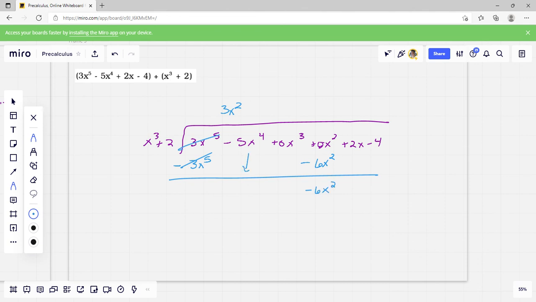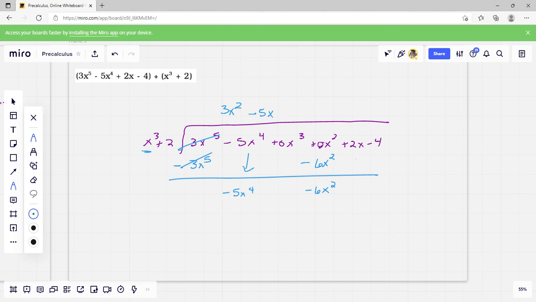Okay, I'm going to bring down this term, negative 5x to the 4th. Now I need to multiply x to the 3rd times something to get to negative 5x to the 4th. So I'm going to have to multiply times negative 5, and then 1x will get me from x to the 3rd to x to the 4th. Now my next step is to multiply. So negative 5x times 2 would be negative 10x.